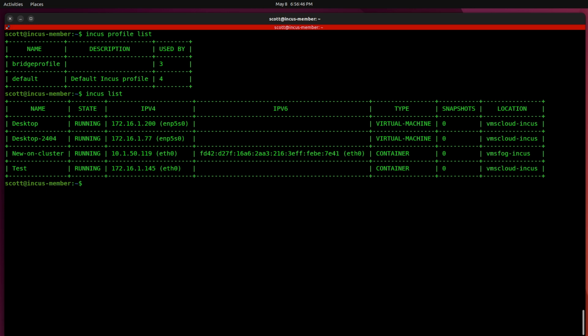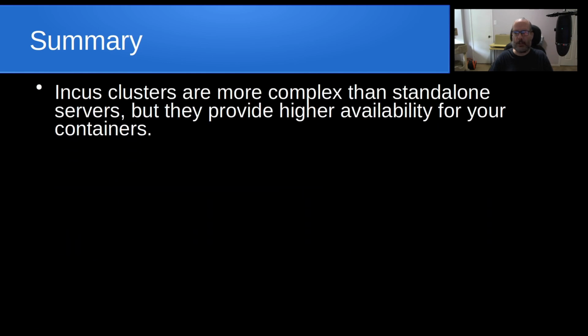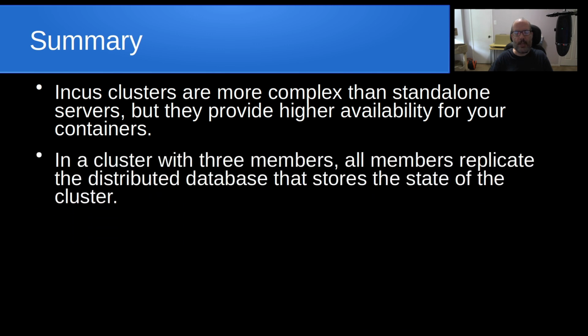So this was not meant to be an exhaustive exercise on learning everything about clusters. In summary, Incus clusters are more complex than standalone servers, but they provide higher availability for your containers. In a cluster with 3 members, all members replicate the distributed database that stores the state of the cluster.